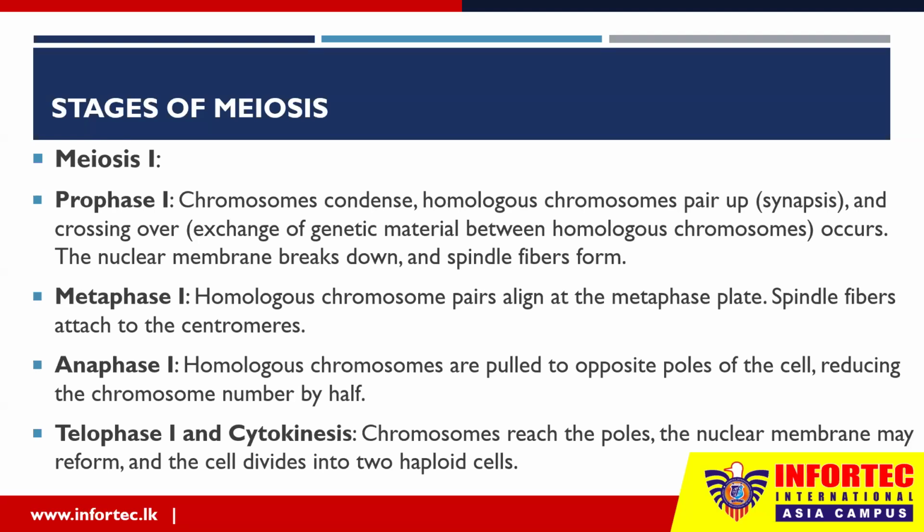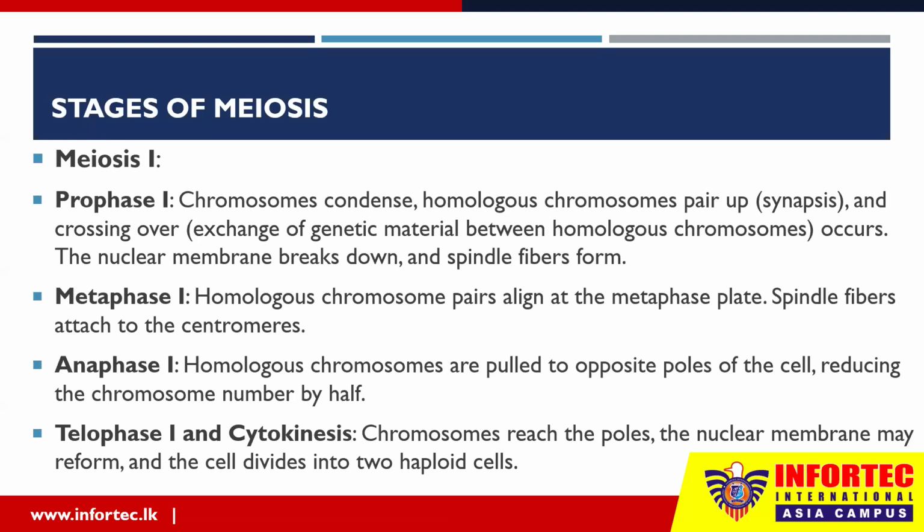Likewise, after the cell membrane forms, now we have haploid cells. Haploid means it has only half of the genetic material, because at the end of meiosis 1, we are going to have 23-chromosome cells, not 23 pairs.